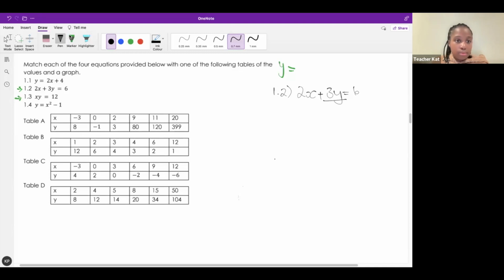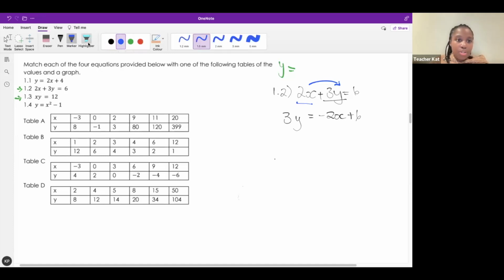There's 2x. I'm going to take it over. If it was positive 2x and we're taking it over, it will be negative. So then I'll be left with 3y on the left-hand side equals negative 2x plus 6.